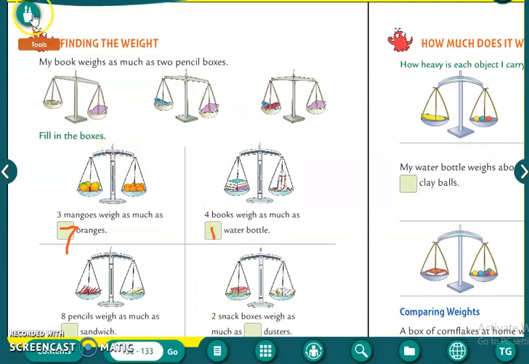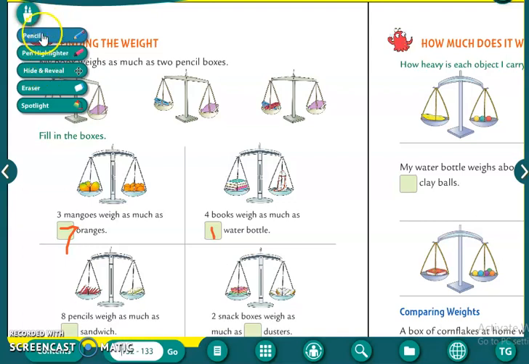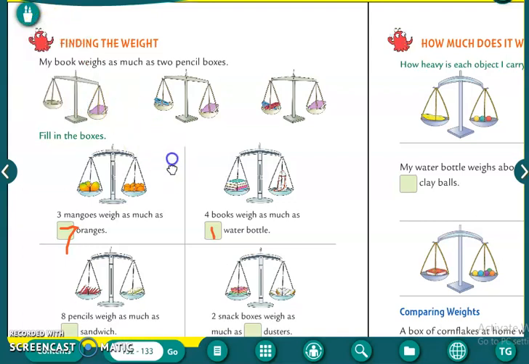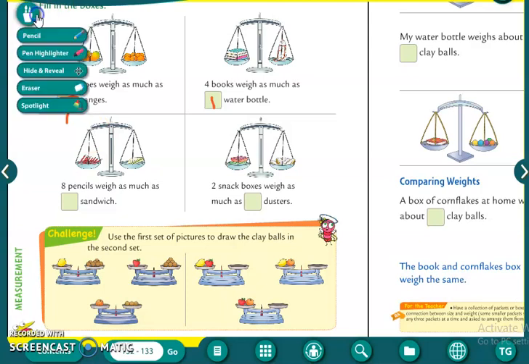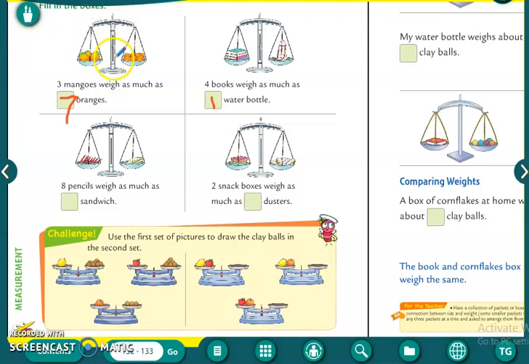Then see the next one. 8 pencils weigh as much as dash sandwich. See, your 8 pencils are there. It weighs as much as how many sandwiches? Only 1 sandwich. So we write over here 1.